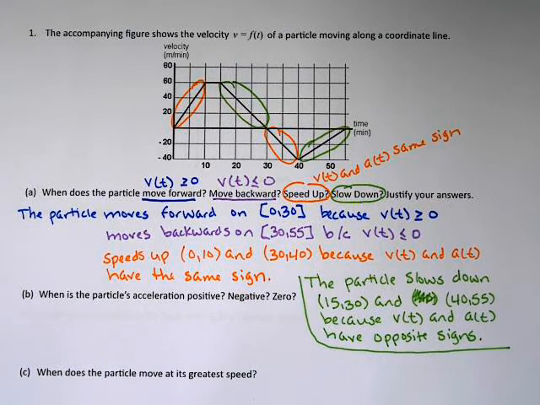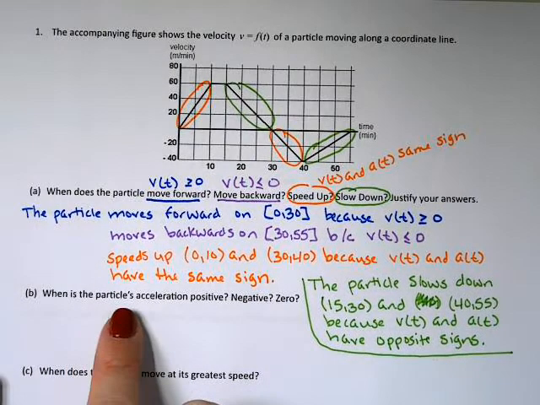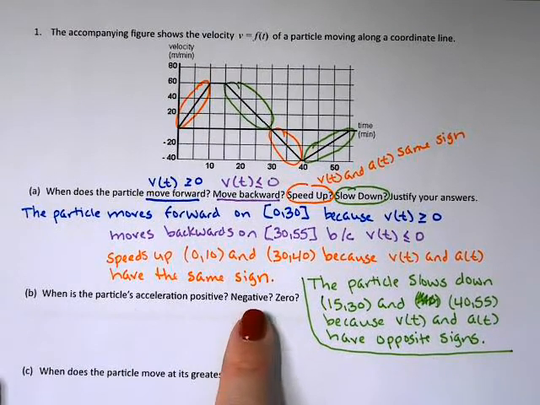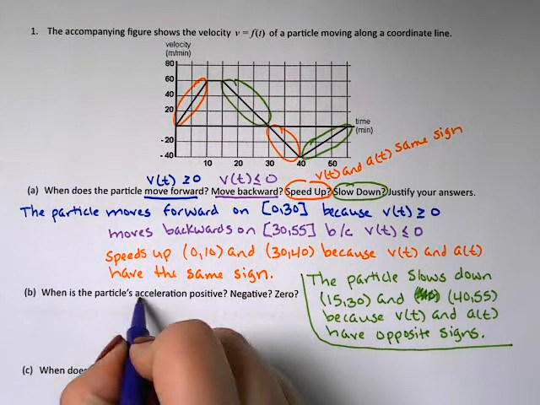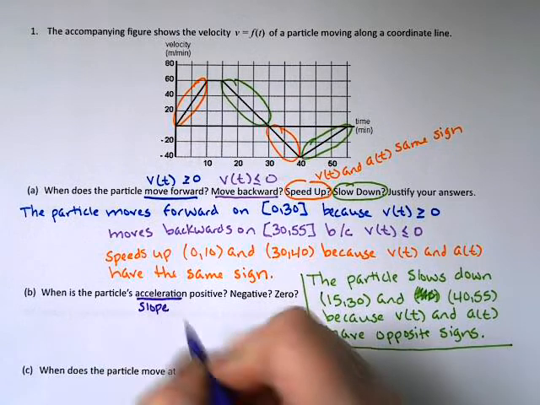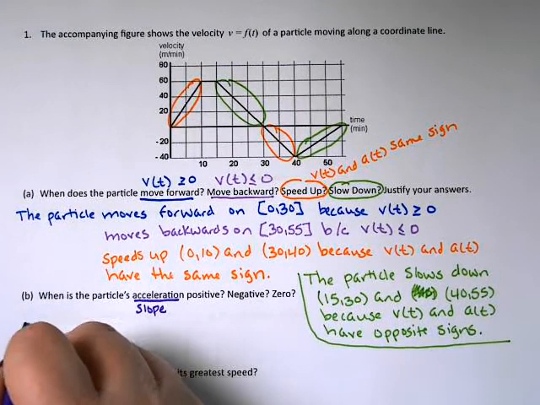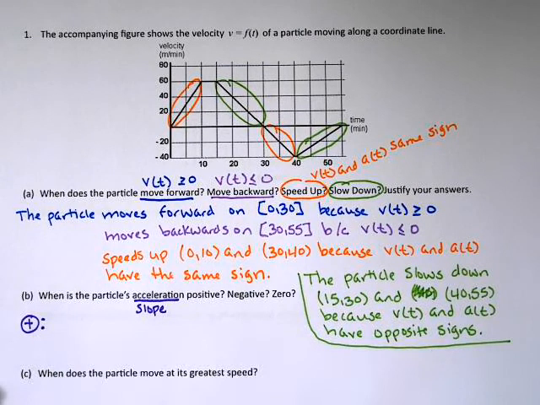All right, so now we want to look at when is the particle's acceleration positive, negative, or zero. Just as a quick reminder, if we're looking for the particle's acceleration, we're going to be looking at the slope. So if I want to know when the acceleration is positive, I need to know where I have a positive slope.